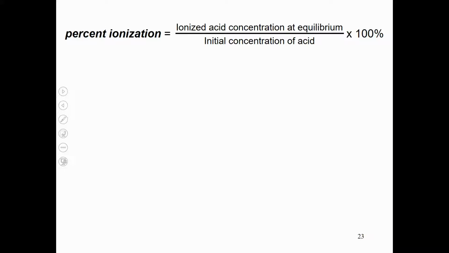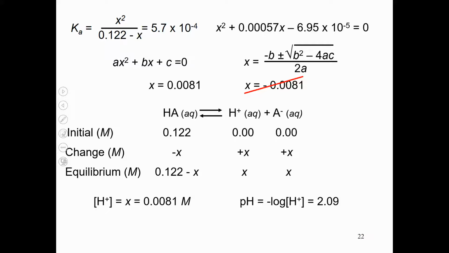So that's a very common type of question: what is the pH of this concentration of acid? You would probably notice that for 0.081 it was 2.09, and for the other it was 2.08.